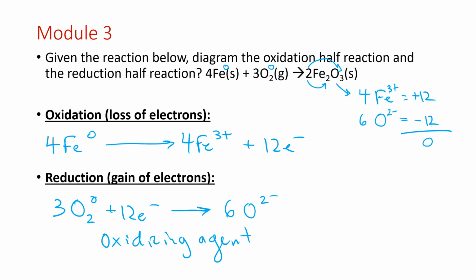We're still going to categorize our reactants as oxidizing agent and reducing agent, because that's what's initiating the reaction, not the product of the reaction. And so that would make iron our reducing agent, because it caused reduction because it itself got oxidized.